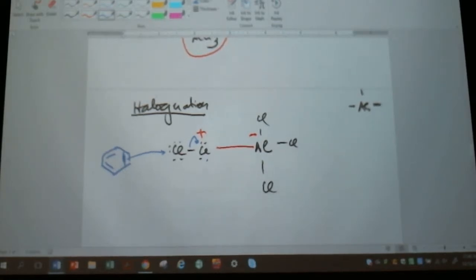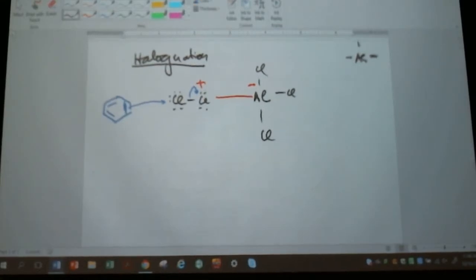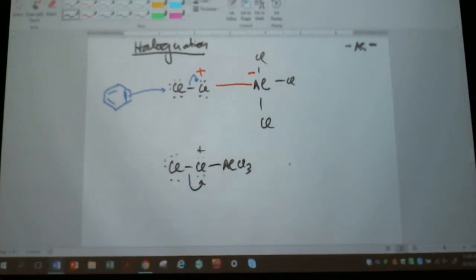Or you can look at it like this and say, hey, this thing is so desperate anyway that this is going to break, and we will directly form a chloronium ion and this thing over here.